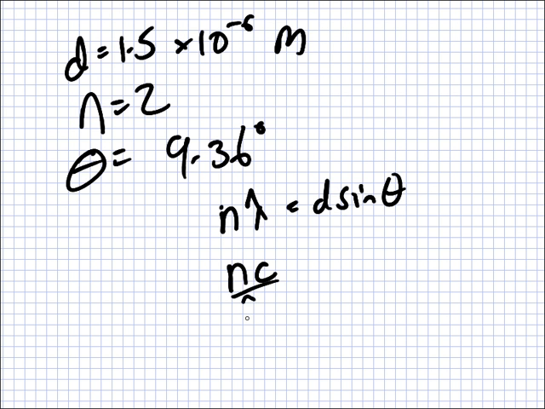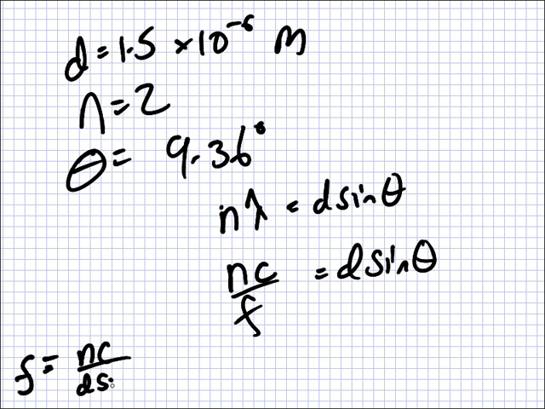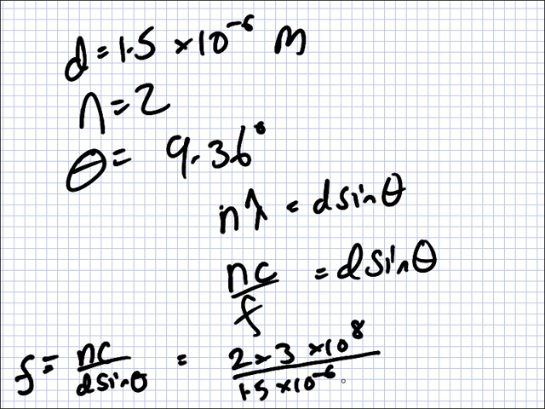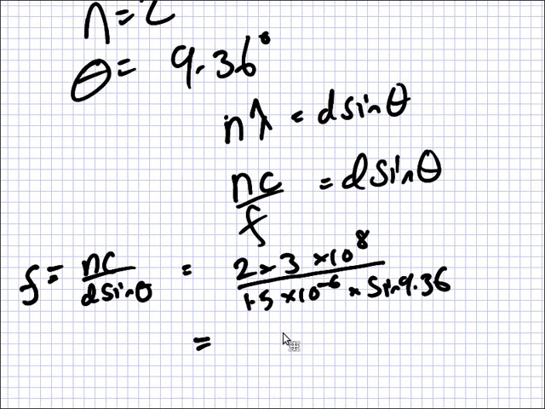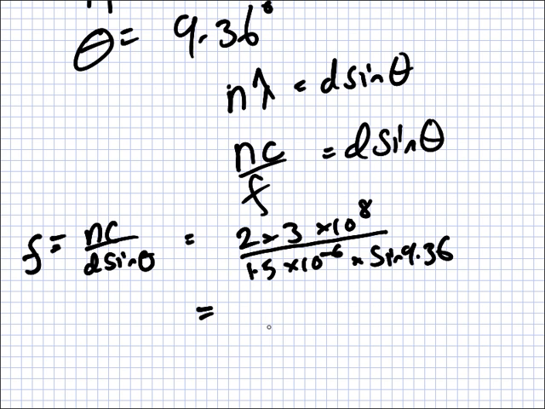So nc over f equals d sine theta. So f equals nc over d sine theta, which equals 2 times 3 times 10 to the 8 over 1.5 times 10 to the minus 6 times sine 9.36.